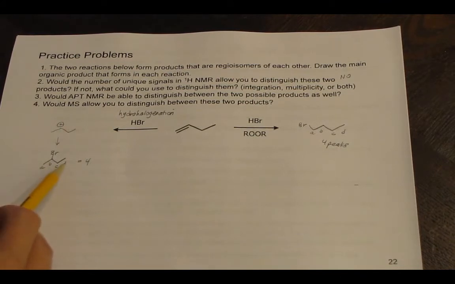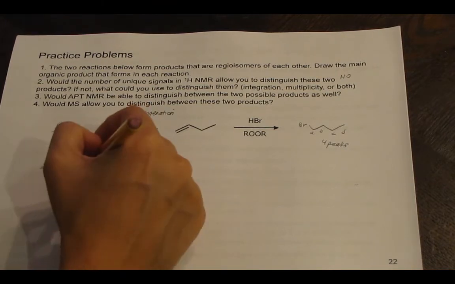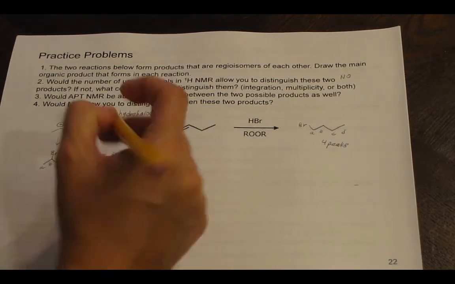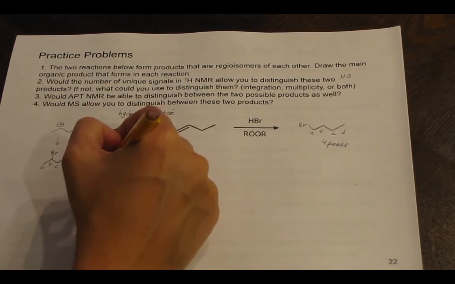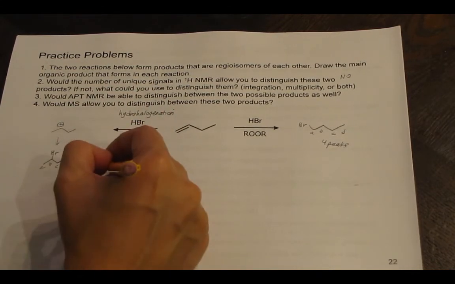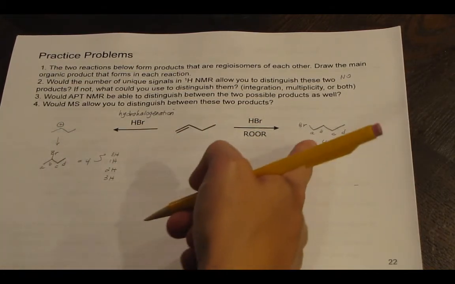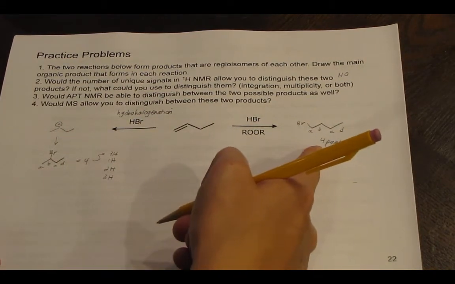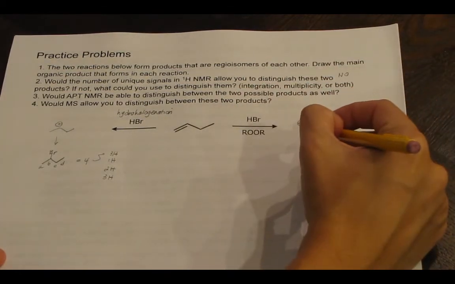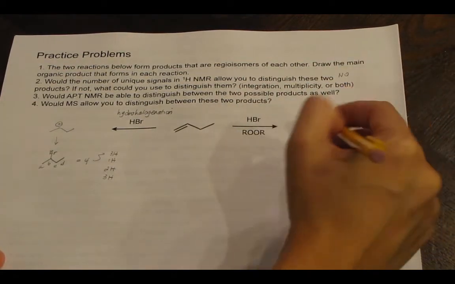If we look at the integration of those 4 peaks, this one would be worth 3 hydrogens. Then we would have a peak worth 1 hydrogen, and then 2 hydrogens, and 3 hydrogens. If we look at the compound on the right and look at these 4 peaks, we would have 2, 2, 2, and 3.